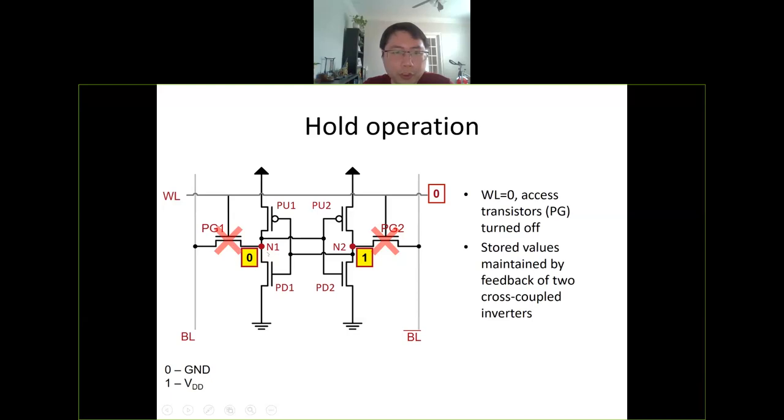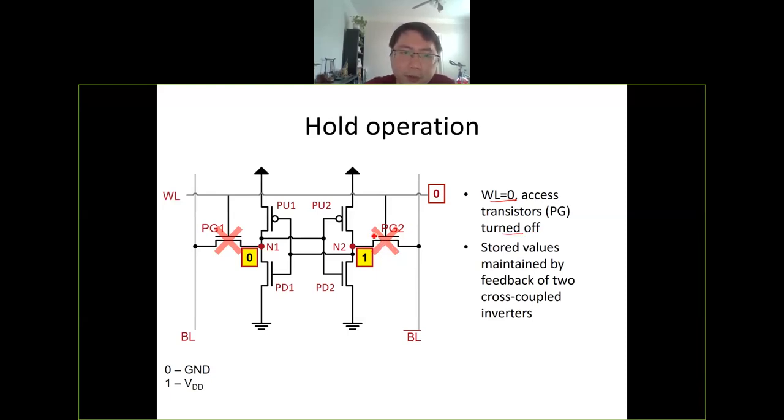If you don't want to change your data, you don't want any communication to the outside. So what you want to do is just turn off the word line. The word line is 0, ground.